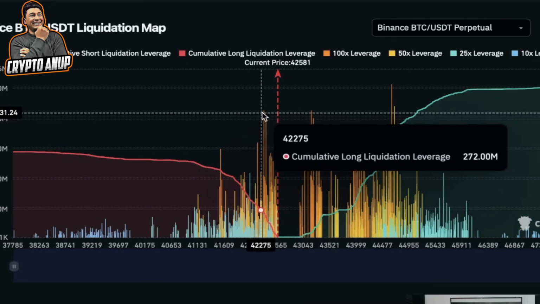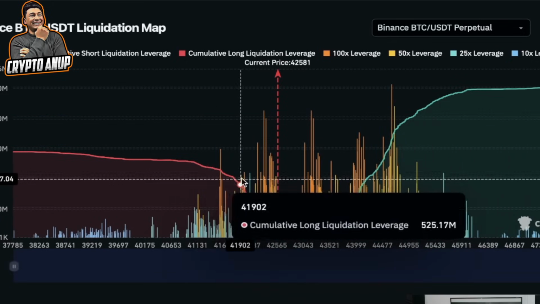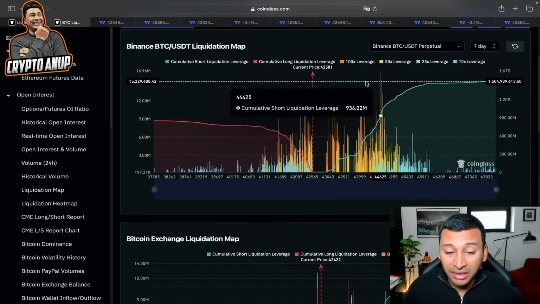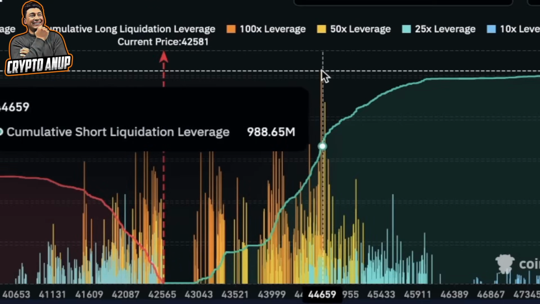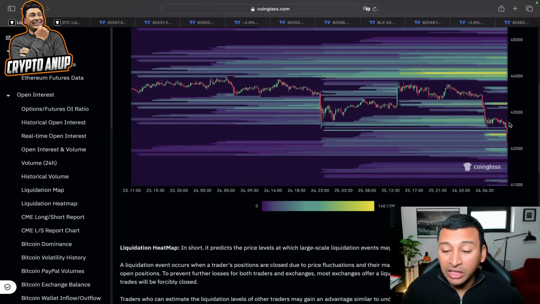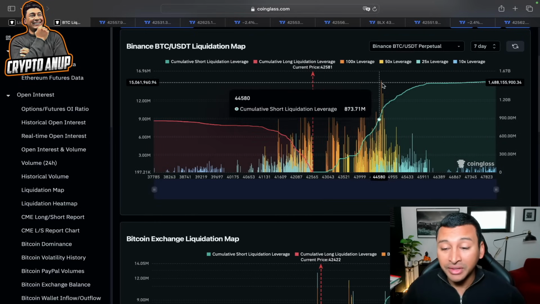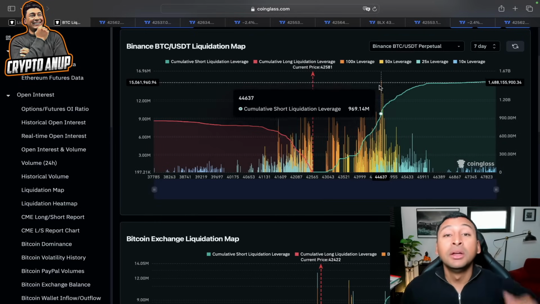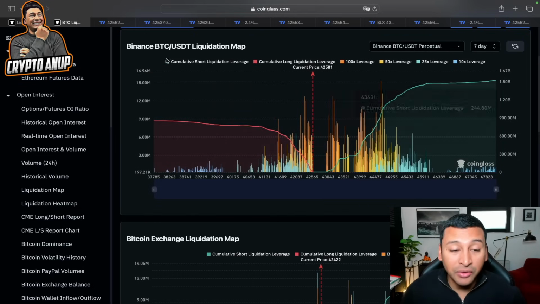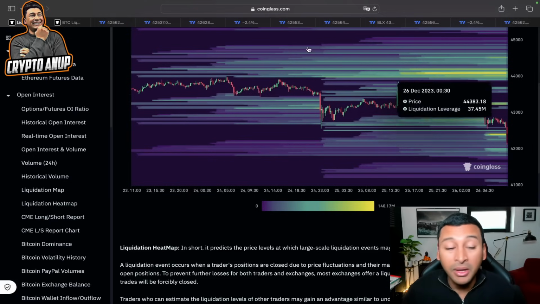Around 41,000 we do have liquidity, but on the right hand side, around 44,000, we have huge liquidation lying for Bitcoin. That means after taking out all the liquidity to the downside, there is a very high probability of price showing another massive move around 44,000, a little bit higher, before deciding the trend direction, because that's the area where we have the highest amount of liquidity lying for Bitcoin.